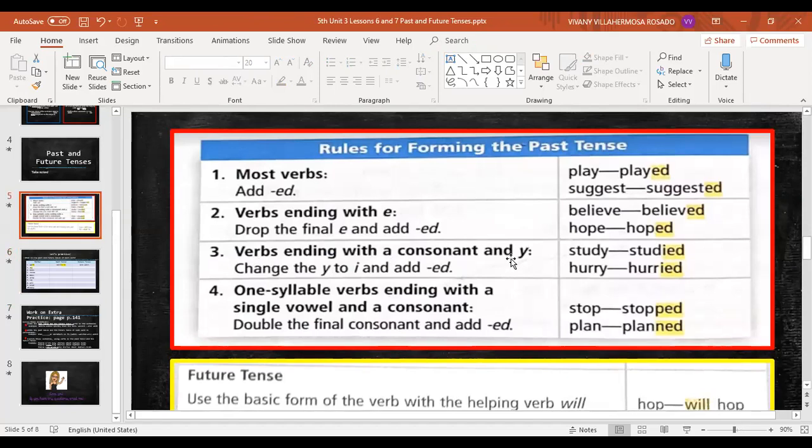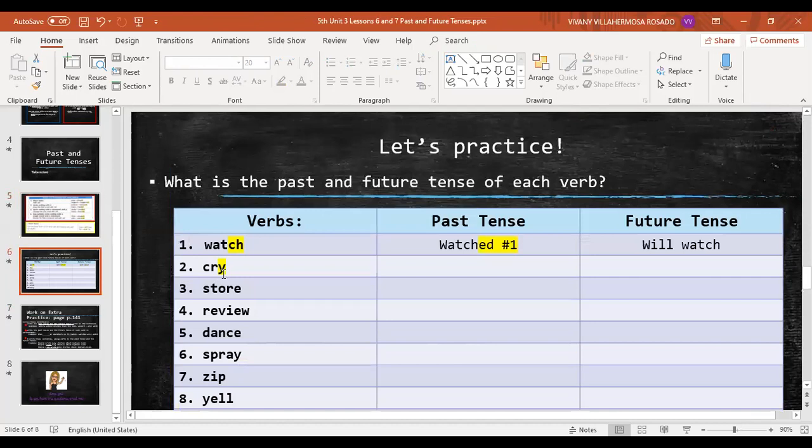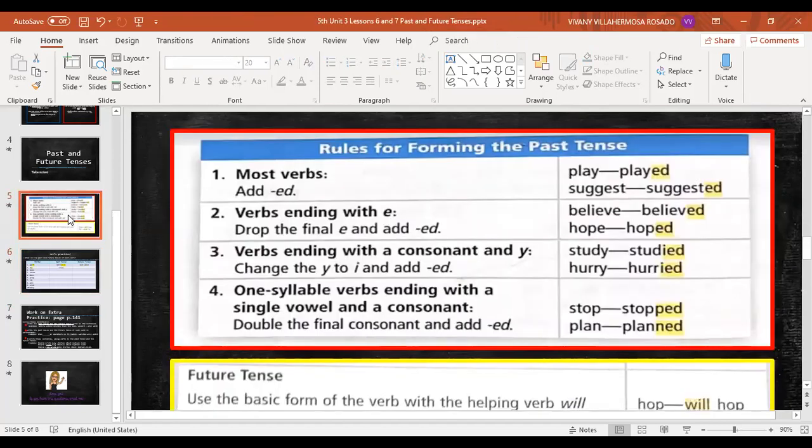Verbs ending with a consonant and Y. So we have to be sure that cry, we already know that it ends with Y. We just have to double check that it ends with a consonant and Y. So we look at the letter before the Y, and we see that it's a consonant. So we know that we have to change the Y to I and then add ED. And we're using rule number 3.